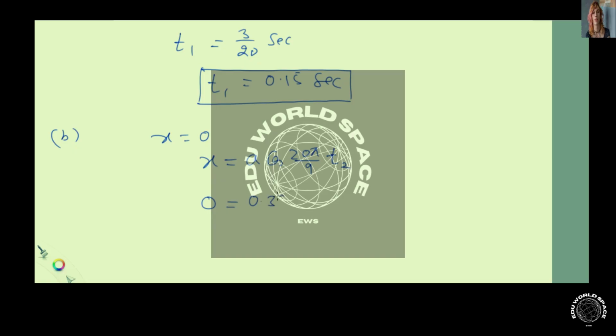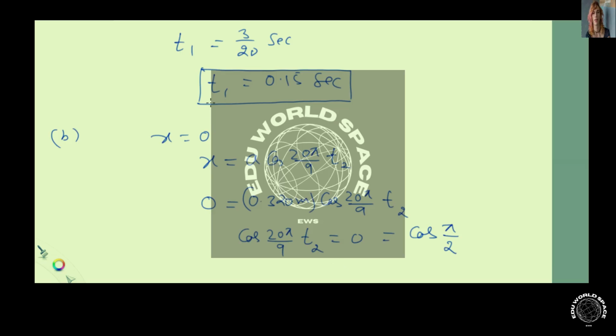So 0 equals 0.320 meter into cosine of 20 pi by 9 t2. So cos 20 pi by 9 t2 is equal to 0, which is the cosine of 90 degrees, which can be written as pi by 2 radian also.